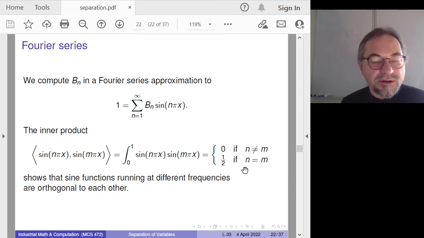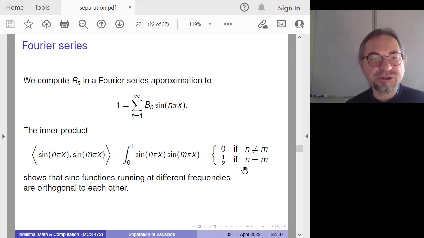So if you compute these inner products of different sine functions, it looks complicated, but you will see that the integrals actually are either 0 or 1/2, and you don't actually have to compute them. You can tell by the frequencies. So sine functions running at different frequencies form an orthogonal basis.